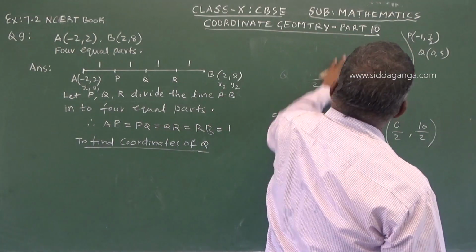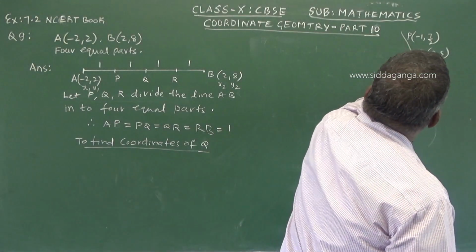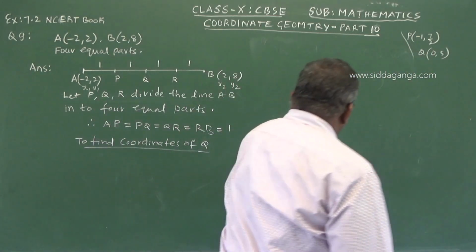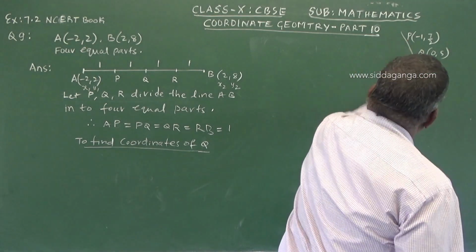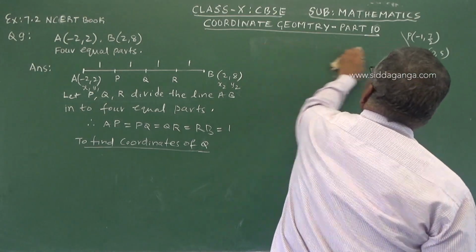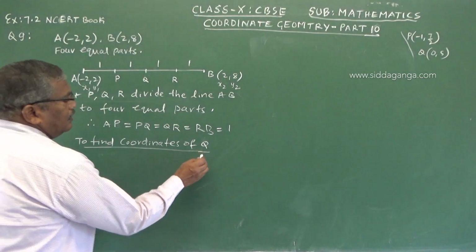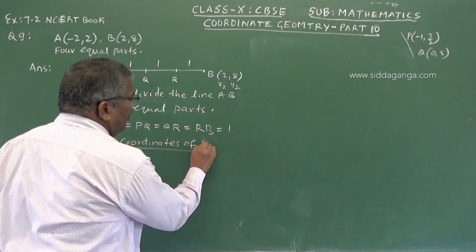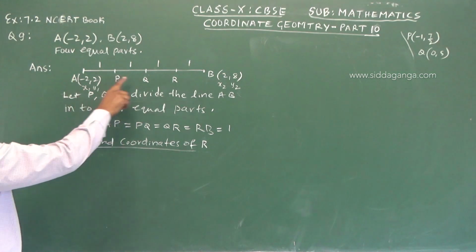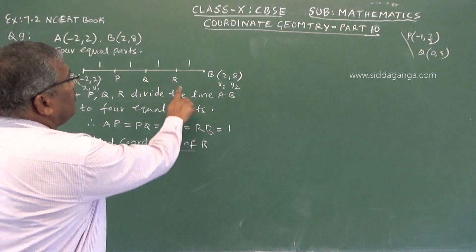Now we have to find the coordinates of the third point R. Now you observe here, AR is 1 plus 1 plus 1, which is 3, and RB is 1.